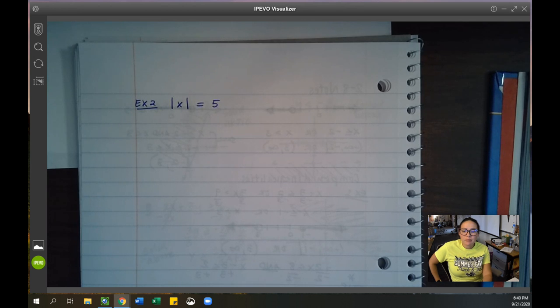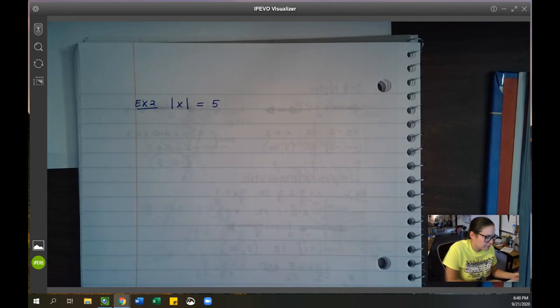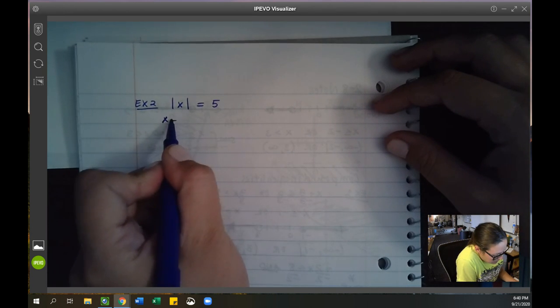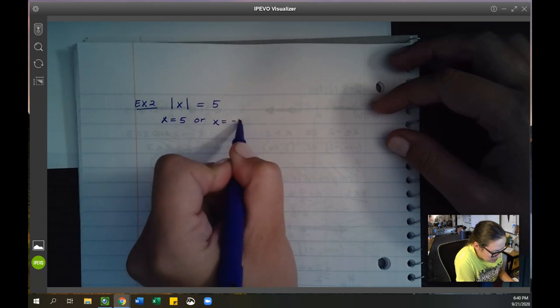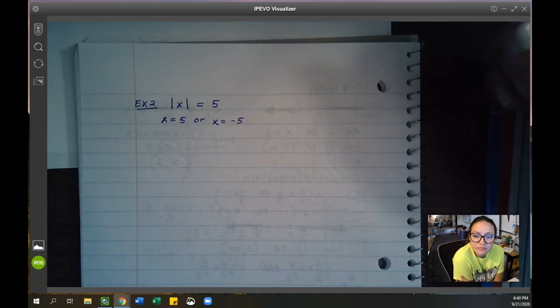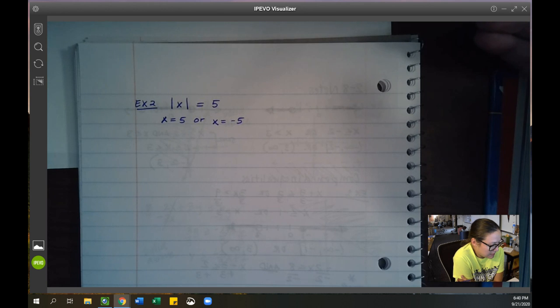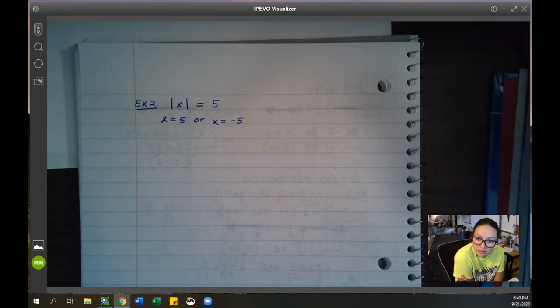Well, think about what numbers, when I take the absolute value of it, I get 5. Well, x could be 5, or x could be negative 5, because the absolute value of 5 is 5. The absolute value of negative 5 is also 5.